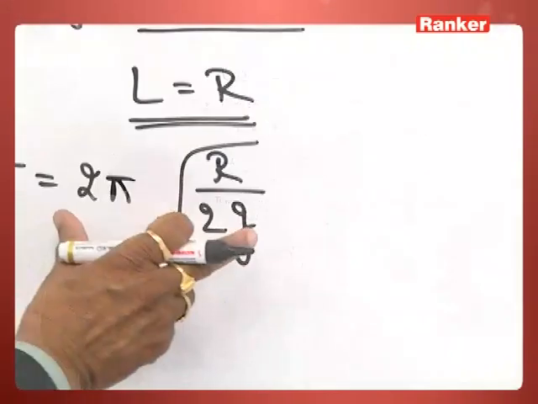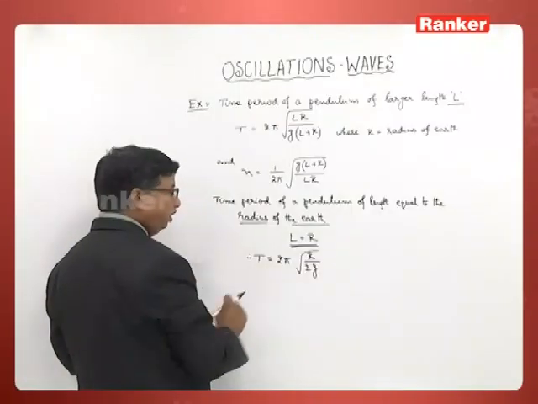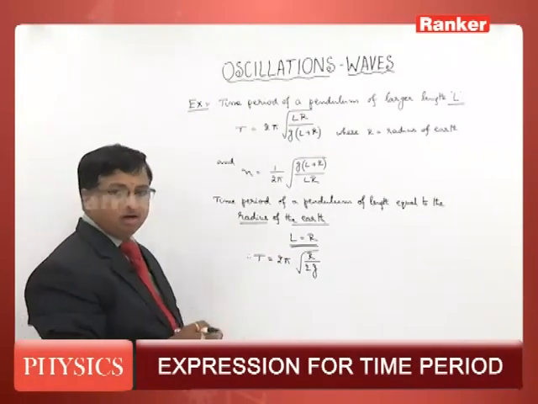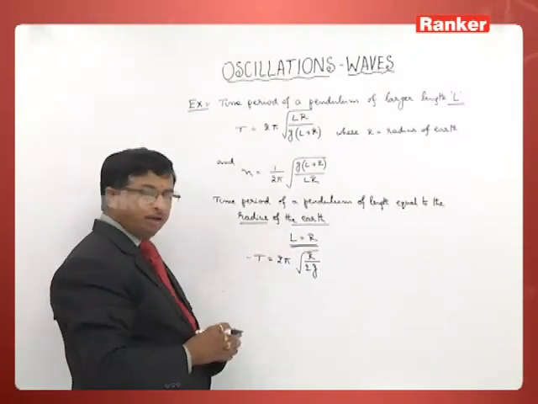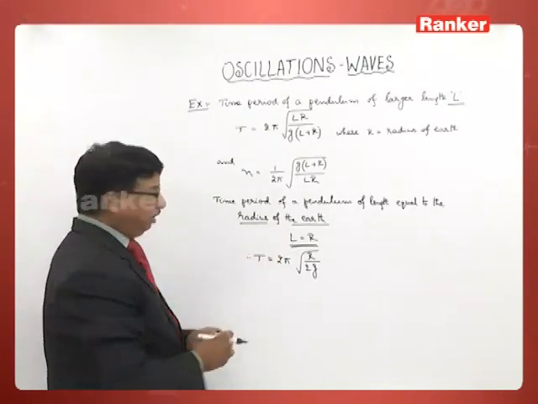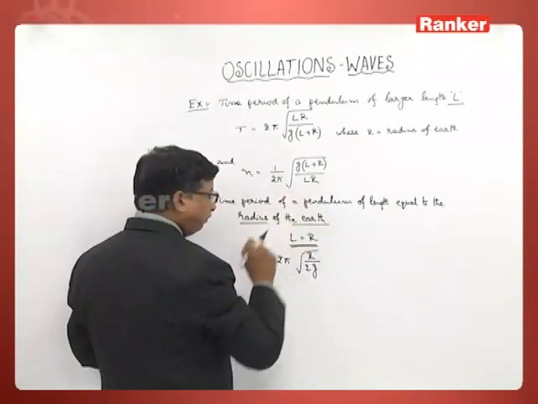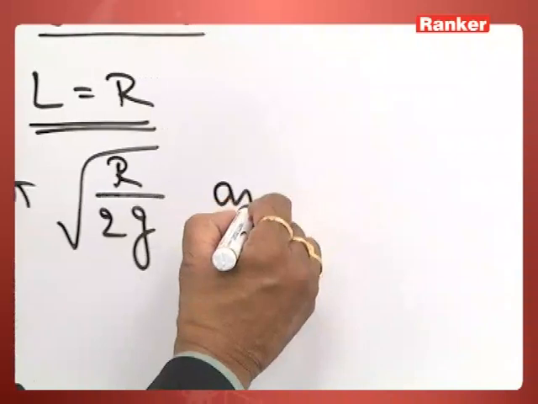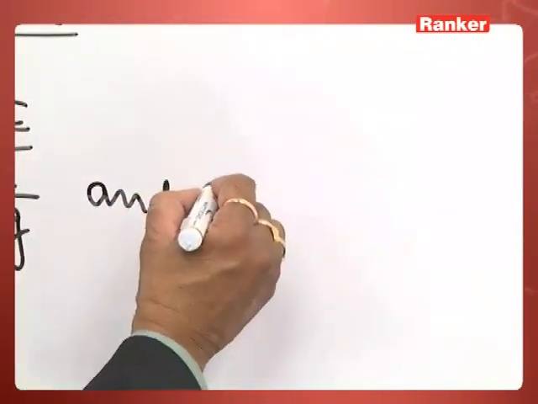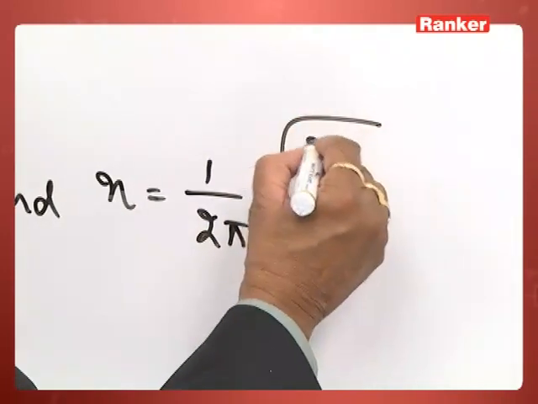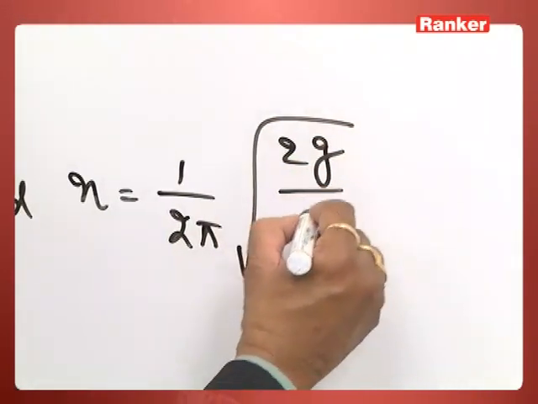So, what is the corresponding formula for time period? 2 pi root R by G, already we have discussed earlier, when the length is infinite. But here the length is equal to the radius of the earth, so 2 pi root R by 2G, and in the same manner I can consider the frequency as 1 by 2 pi under root 2G by R.